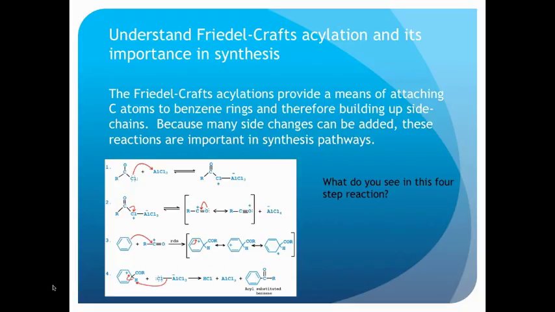The basic reaction is benzene plus that acyl chloride gives you a substituted benzene ring with carbon, in this case a methyl group, plus HCl. Let's watch this video that gives us a better understanding of that four-step process.